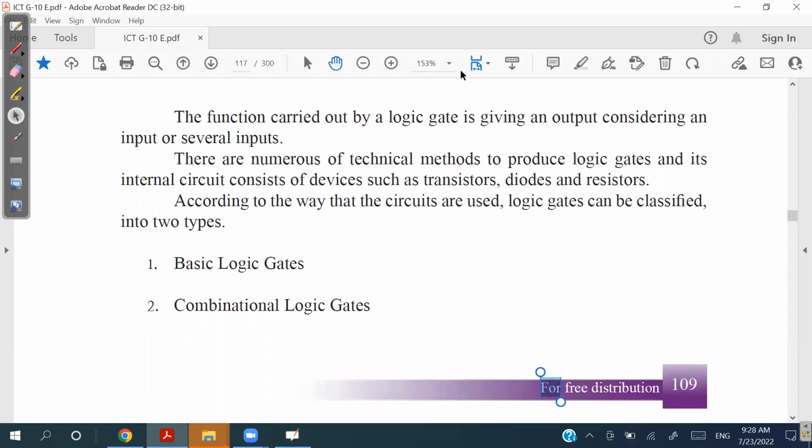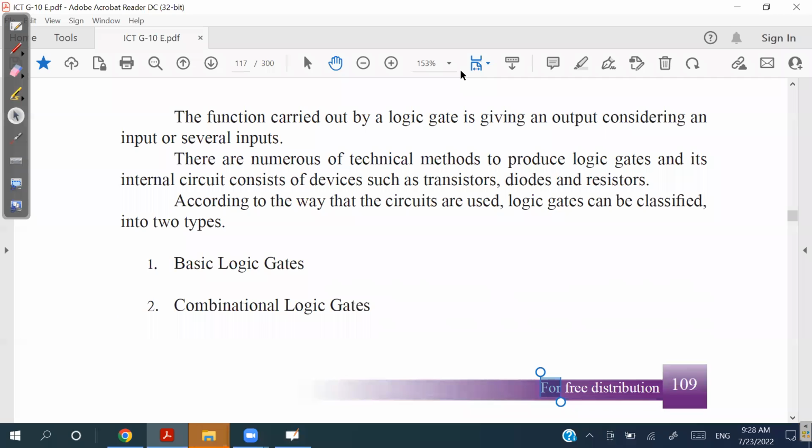So in the journey of understanding the circuitry inside an IC or a CPU, we have to learn about the symbols which represent the gates, and about the operations done by the gates.